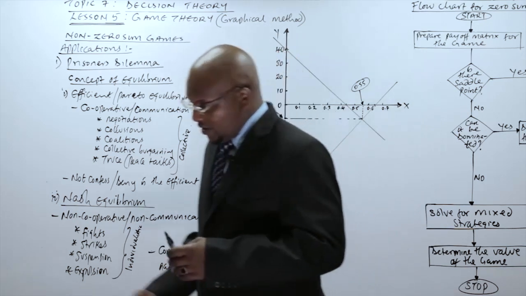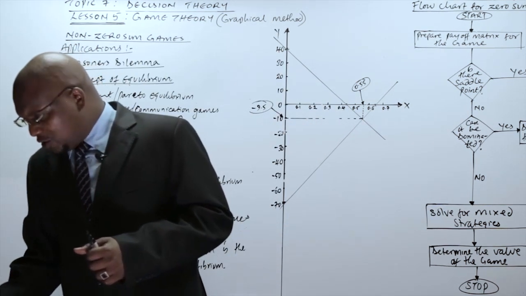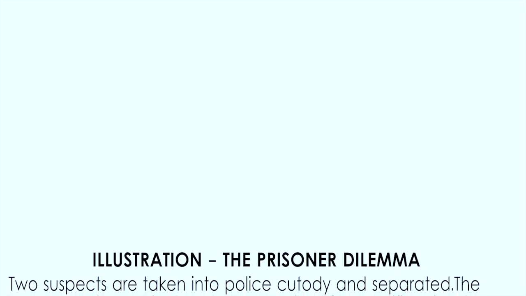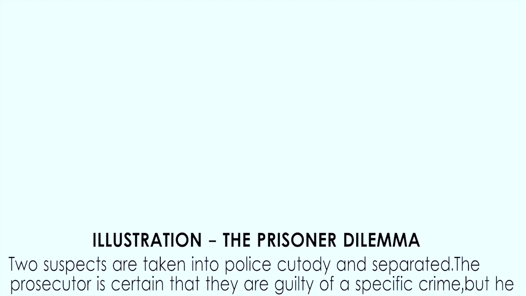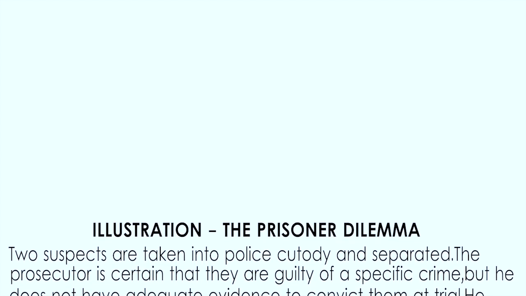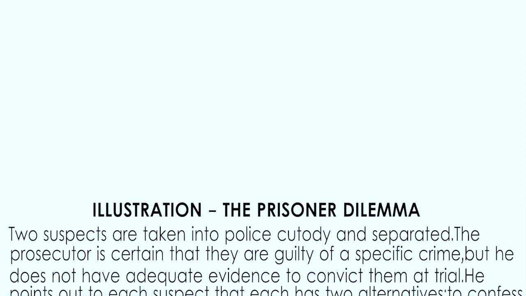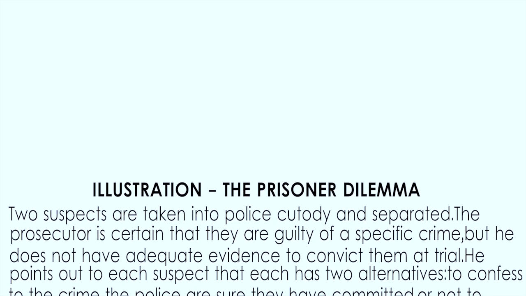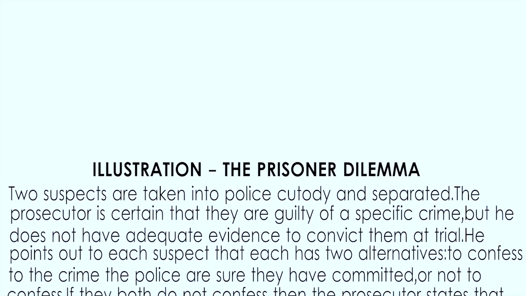Now, the illustration concerning prisoner's dilemma reads that two suspects are taken into police custody and separated. The prosecutor is certain that they are guilty of a specific crime, but he does not have adequate evidence to convict them at trial.